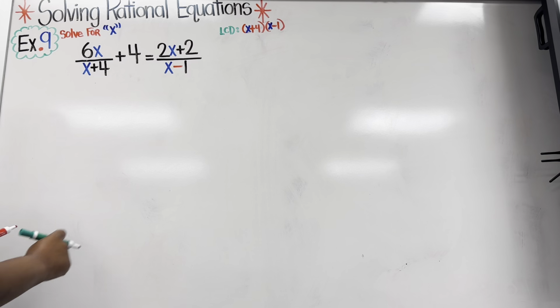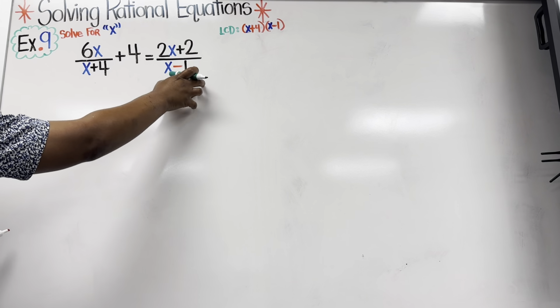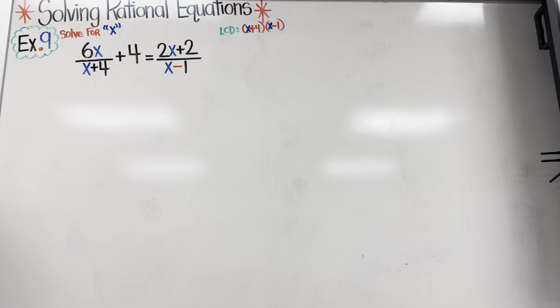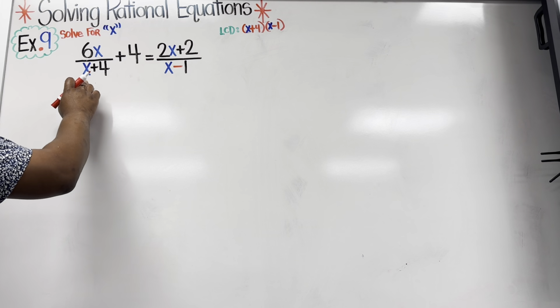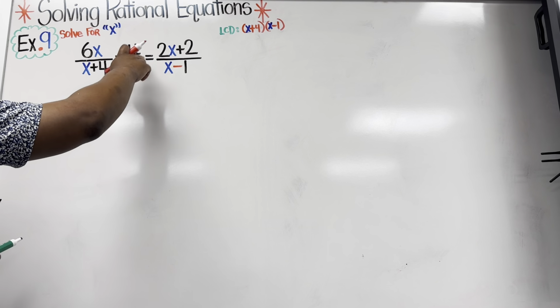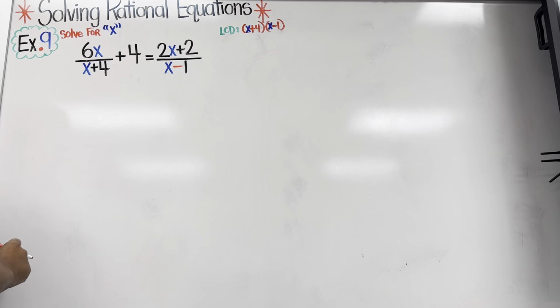And what we're going to do is multiply all of these parts of the rational equation by the LCD. So let's multiply this part by the LCD. I'm going to multiply 4 by the LCD and this expression by the LCD.